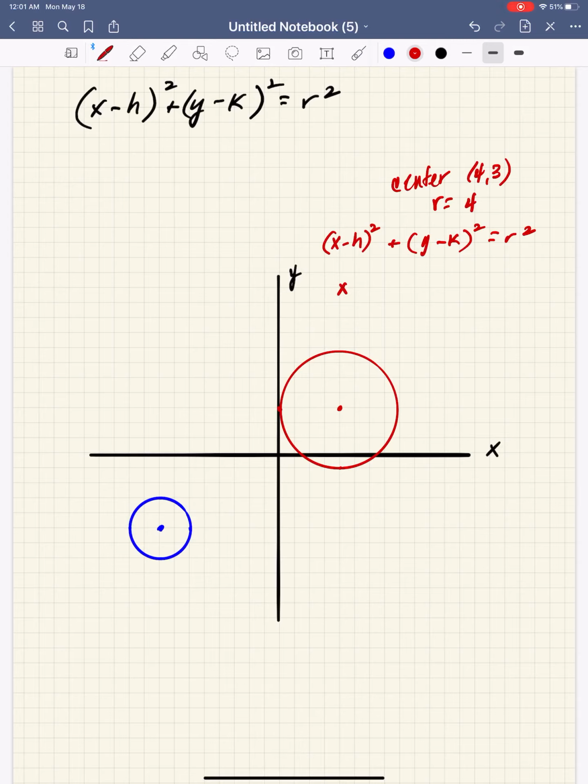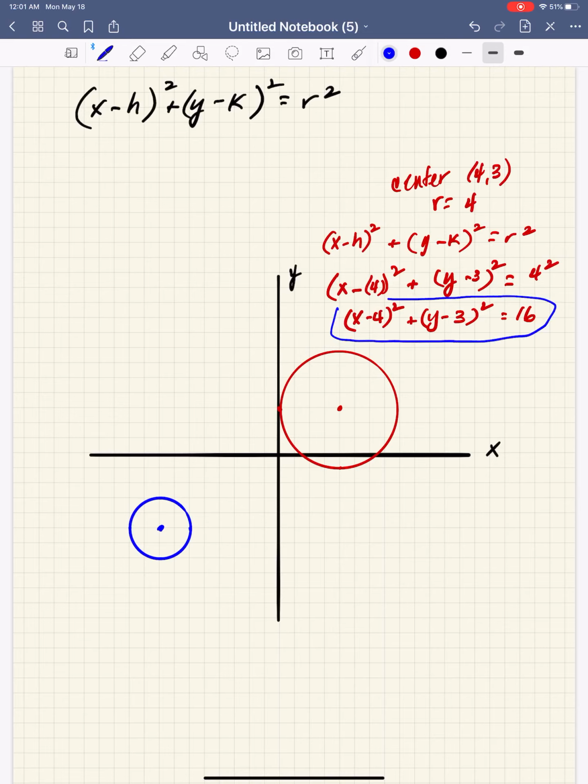So we're going to have x minus 4 squared, plus y minus 3 squared equals, and the radius is 4, so 4 squared is 16. And that is your answer. It's really very simple. Right there's your answer.